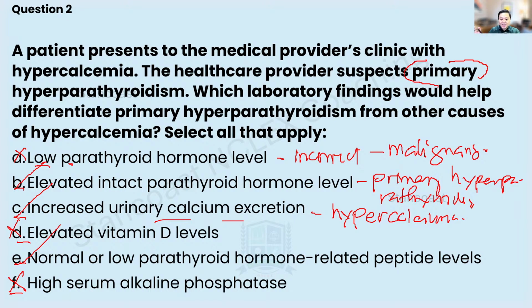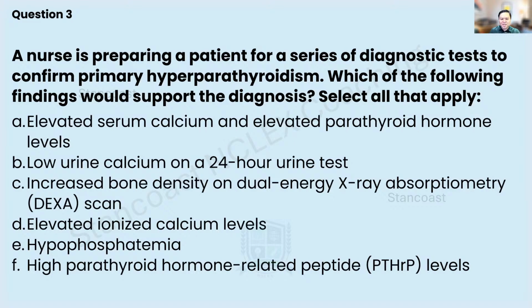So we are going to deselect that one. So we have our correct answers: letters B, C, and E. Normal or low parathyroid hormone related peptide levels. A little bit complex type of question here.